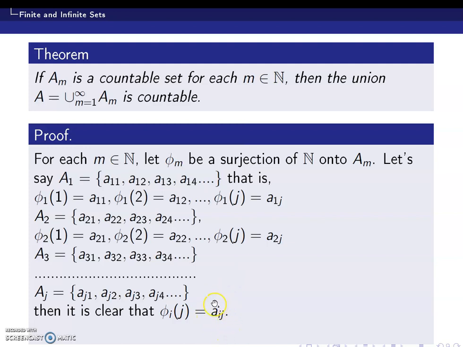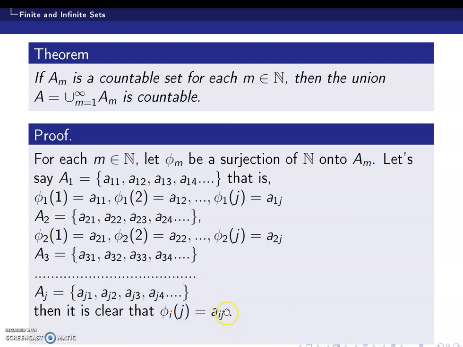So if you take an arbitrary element a_ij, which is an element of A, by our notation, it is the jth element of the set A_i. By notation, it is clear that it can be represented as phi_i of j. So a_ij is an element of capital A, and it can be represented as phi_i(j).